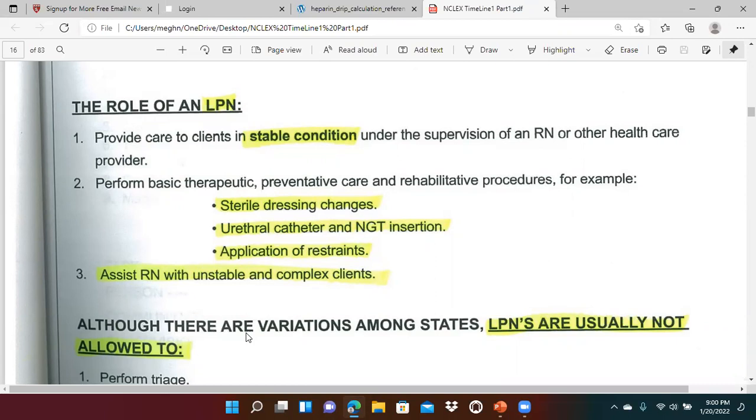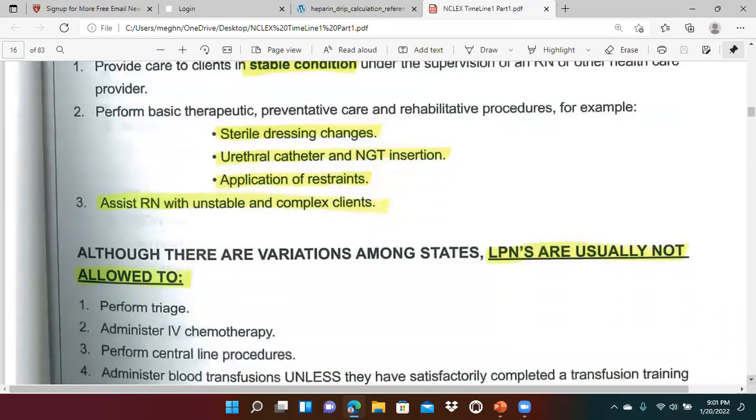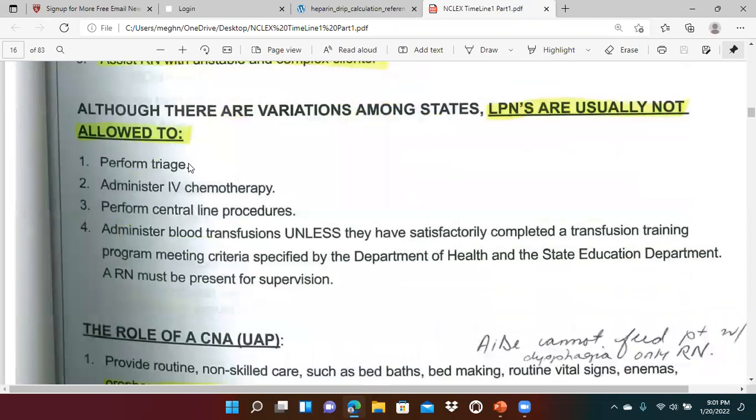Although there are variations among the states, what are LPNs usually not allowed to do? LPNs are not allowed to perform triage, meaning when you have four patients, deciding who gets priority and assessing them, right?